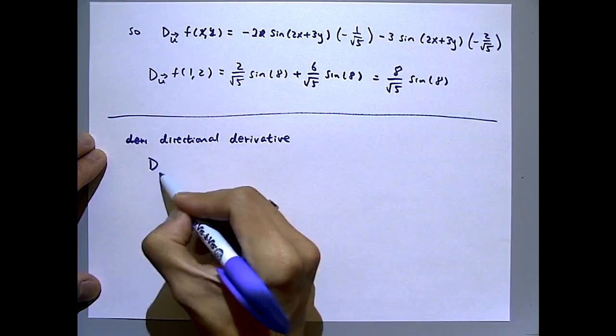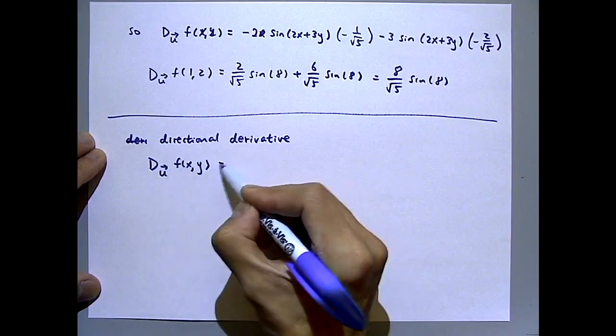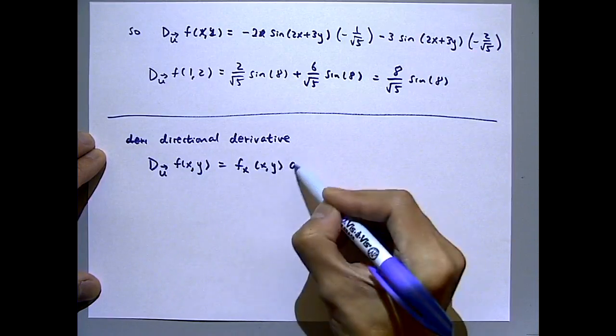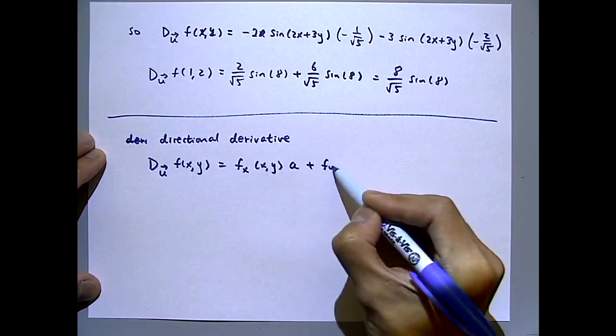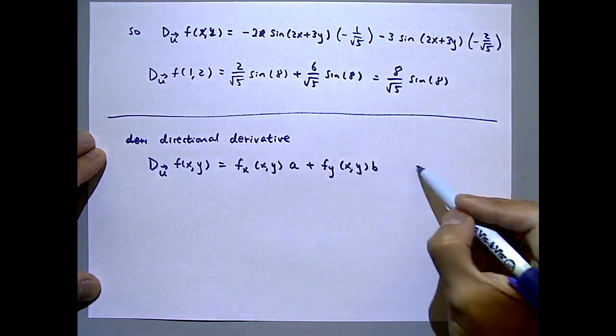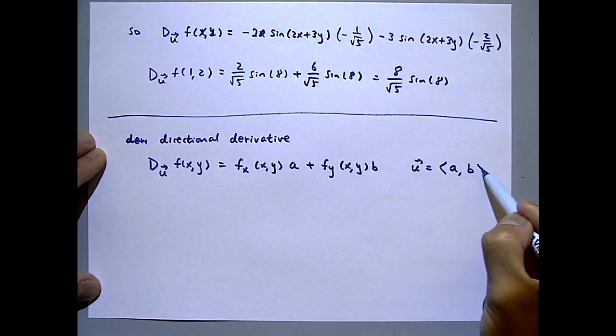We just saw that the directional derivative of a function f(x, y) is f_x(x, y) times a plus f_y(x, y) times b, where u is a unit vector (a, b).